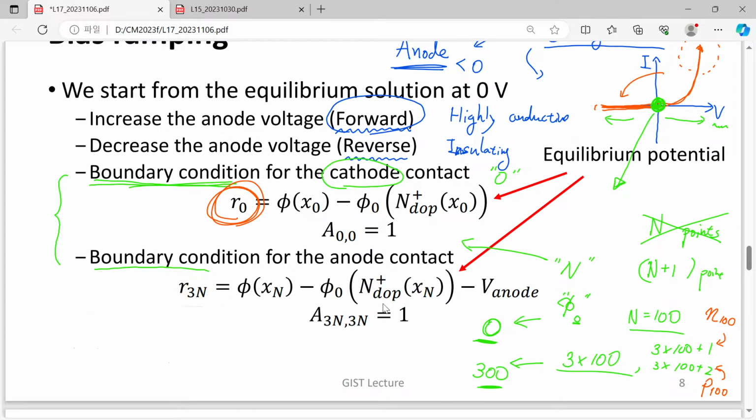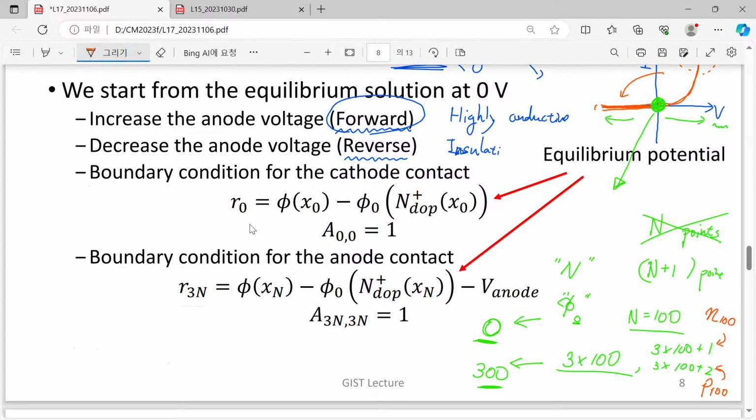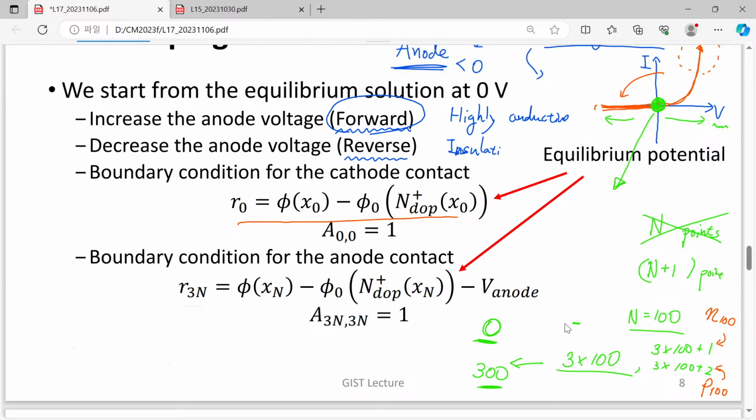In this slide, I always assume that the cathode is grounded. So that's the reason why for the cathode part we have no additional values. However, in the case of the anode, we can apply a general non-zero value.